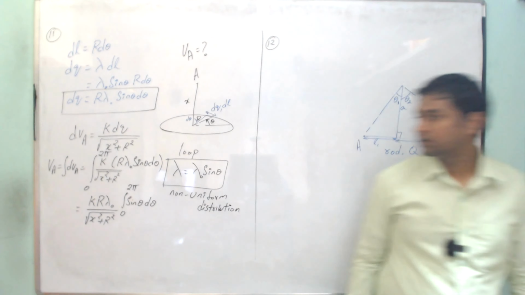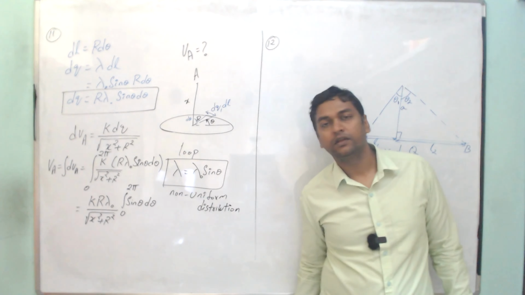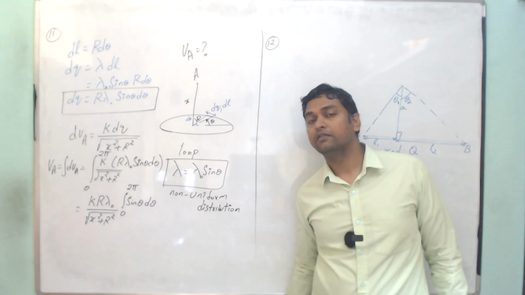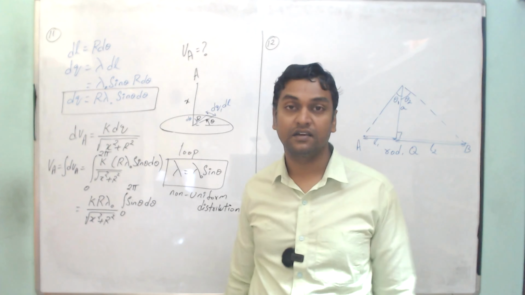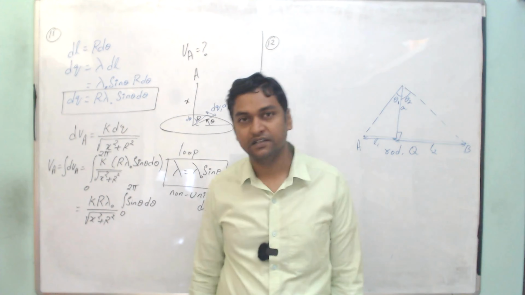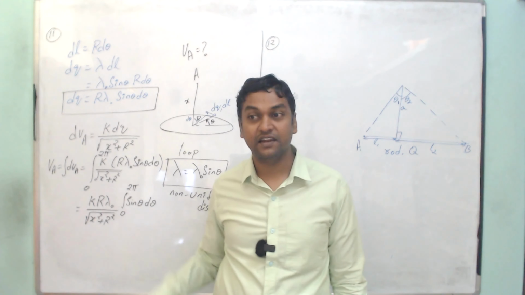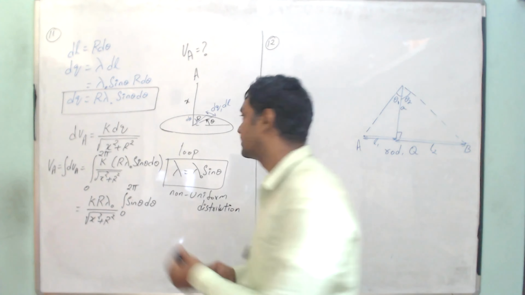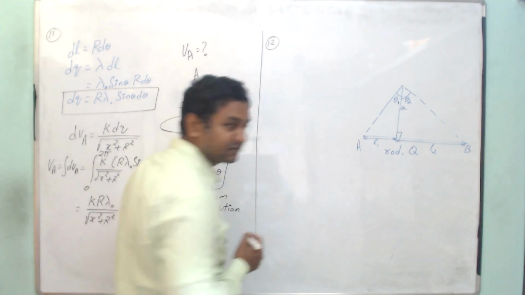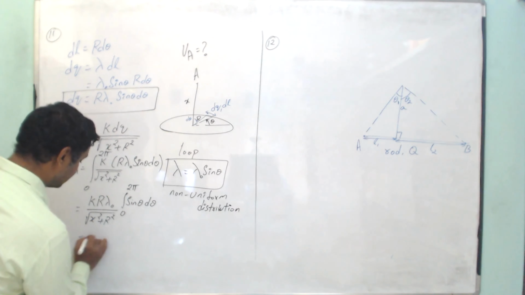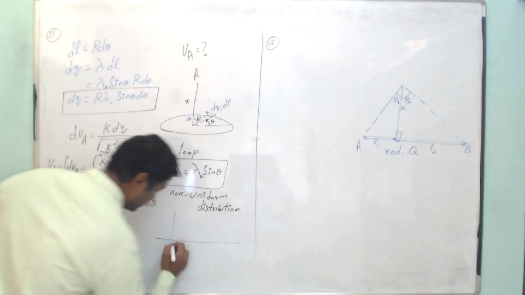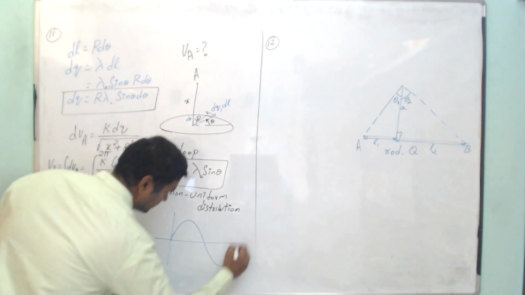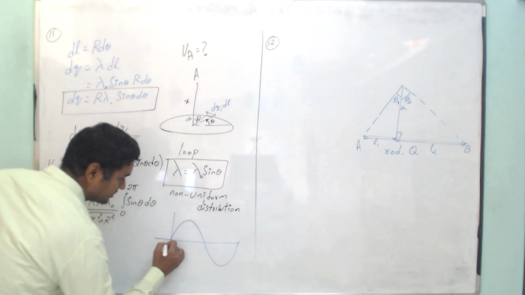In the graph, the integral of sine theta represents the area under the curve, but it will be 0 because all of them will get cancelled. Sine theta starts here and goes till here: 0, pi, 2 pi.